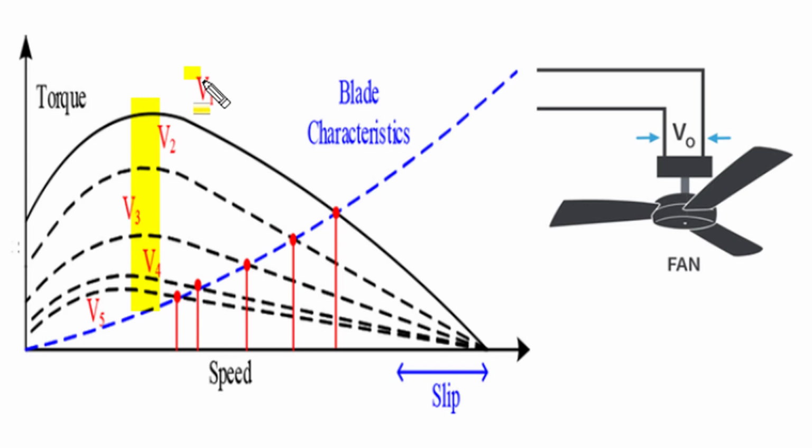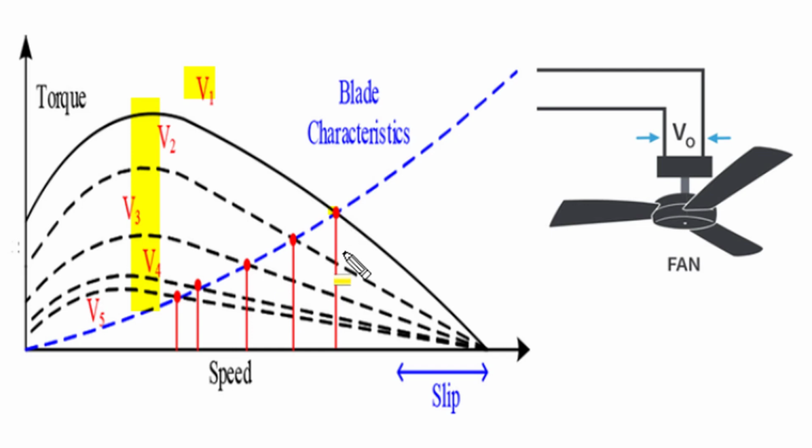So at rated voltage operation, the ceiling fan operates at rated speed conditions, but when we reduce voltage, the torque reduces proportional to the square of voltage, and at the same time the reduced speed also requires a smaller amount of torque for blade rotation, as for a fan torque is proportional to the square of speed.